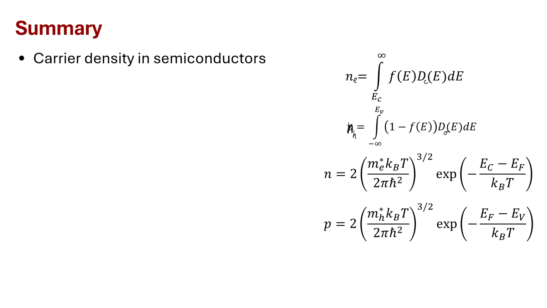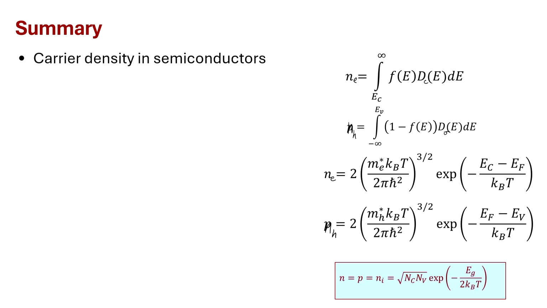From these we can determine Ne and Nh, and these are nothing but exponential functions of the difference between the Fermi level and the conduction band energy, or Fermi level and the valence band energy, divided by kT, and they give us a strong dependence on temperature and the band gap.